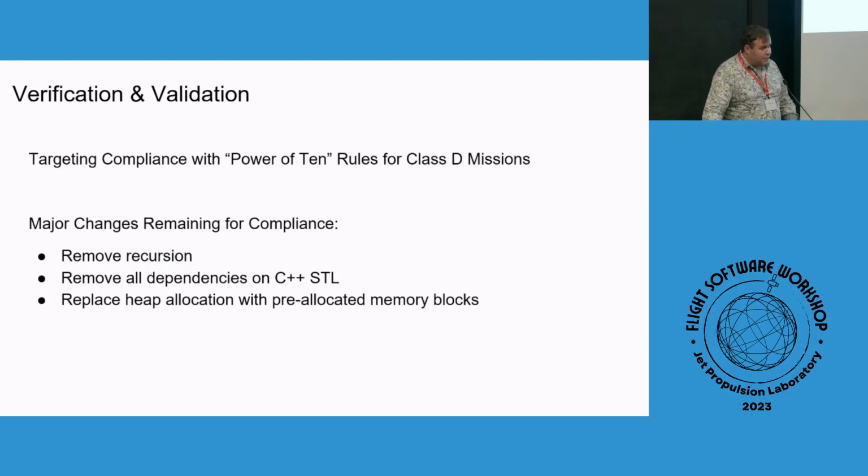So we're looking through activities, and that's a big thing in the data science onboard autonomy world, to be able to validate this, to get mission acceptance and a risk posture that would be willing to fly something like this. So we're making sure that we're compliant with P10 rules, and really targeting Class D missions.